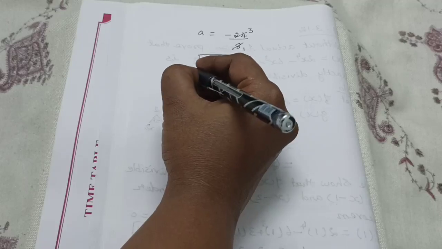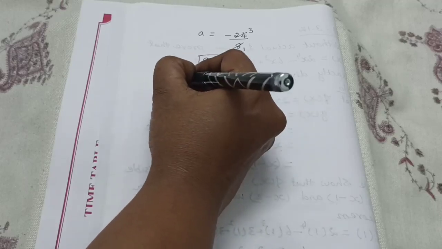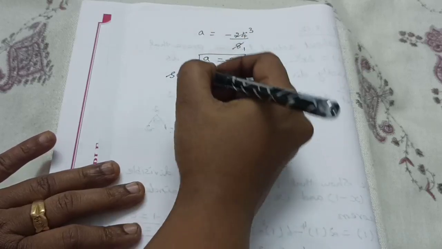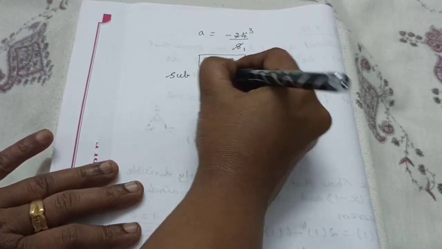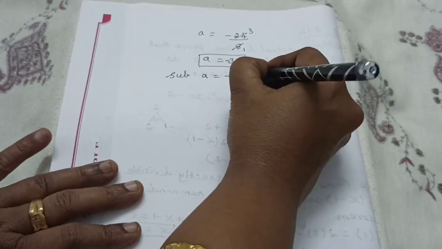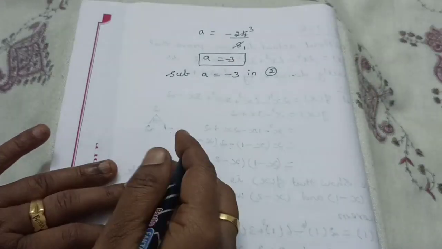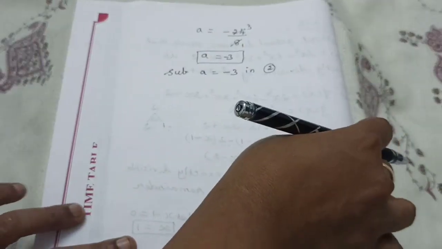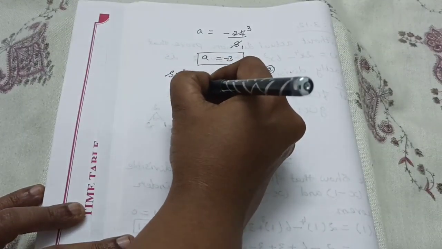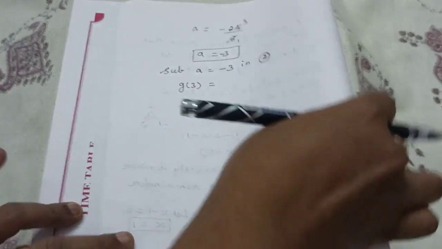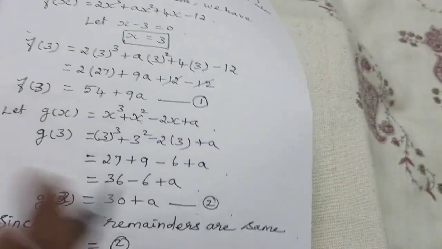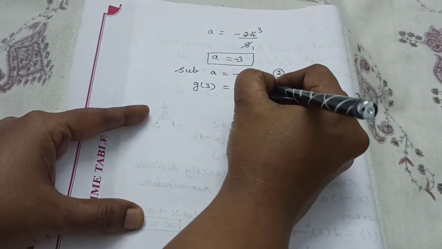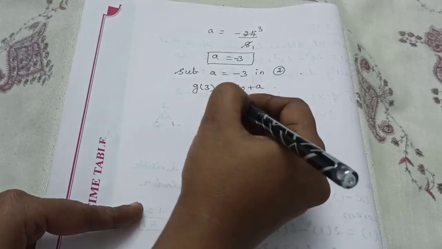Substitute a is equal to 3 here. g(3) is equal to 30 plus a, isn't it? Shall we substitute here?